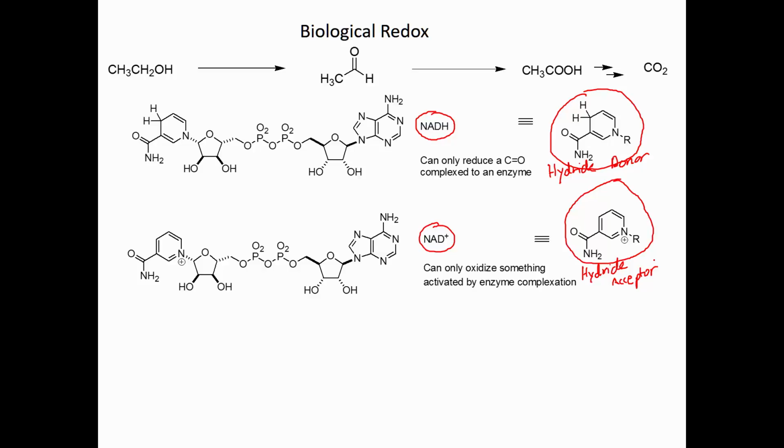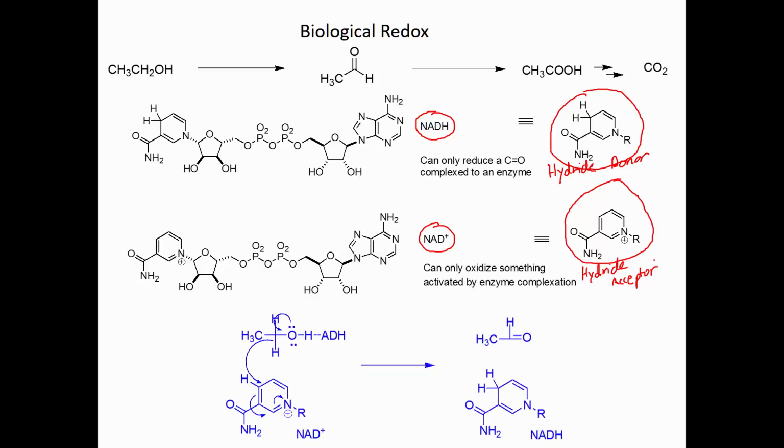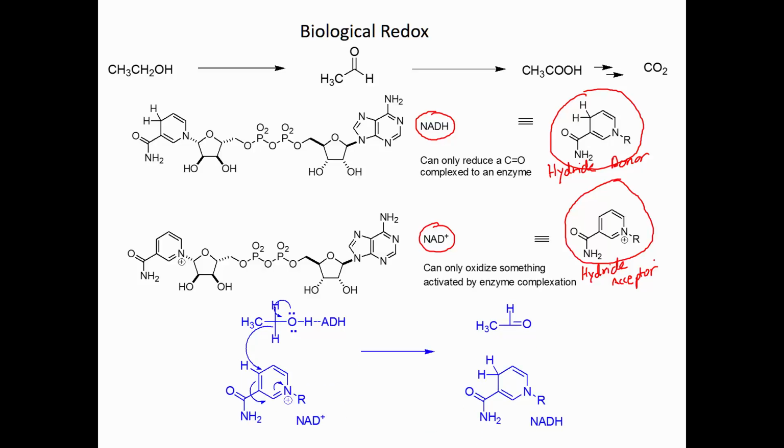What happens here is that nothing happens unless an enzyme complexes to the carbonyl group or the alcohol group and gets the reaction started. So let's look at alcohol dehydrogenase. We're going to form some sort of complex with the enzyme alcohol dehydrogenase. It's the enzyme that's responsible for the metabolism of ethanol.